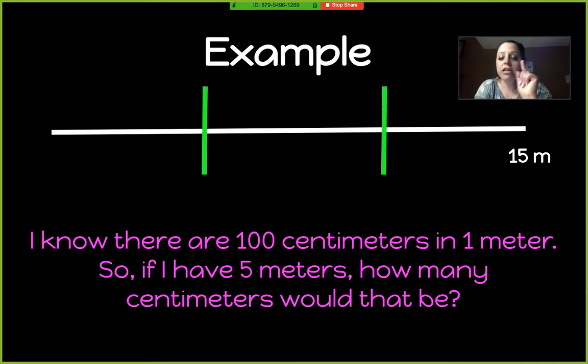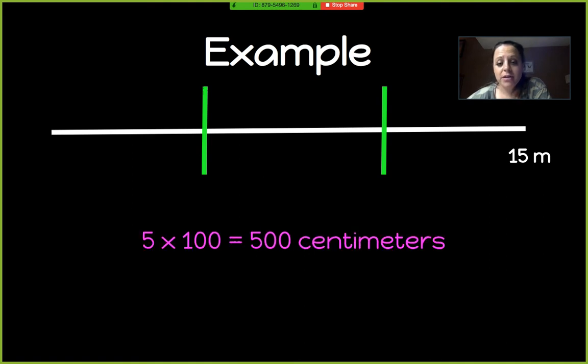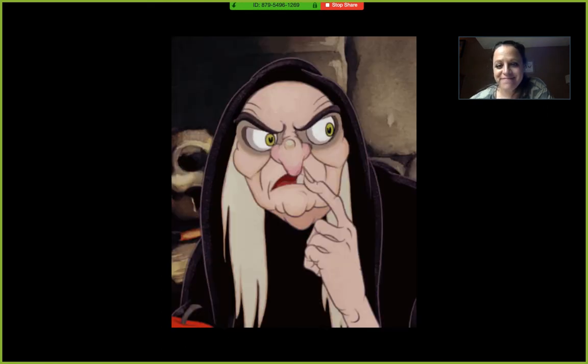So if there's 100 centimeters in 1 meter and I have 5 meters, how many centimeters would that be? Well, basically, guys, I'm doing 5 times 100, which of course is 500 centimeters. You guys catching on?